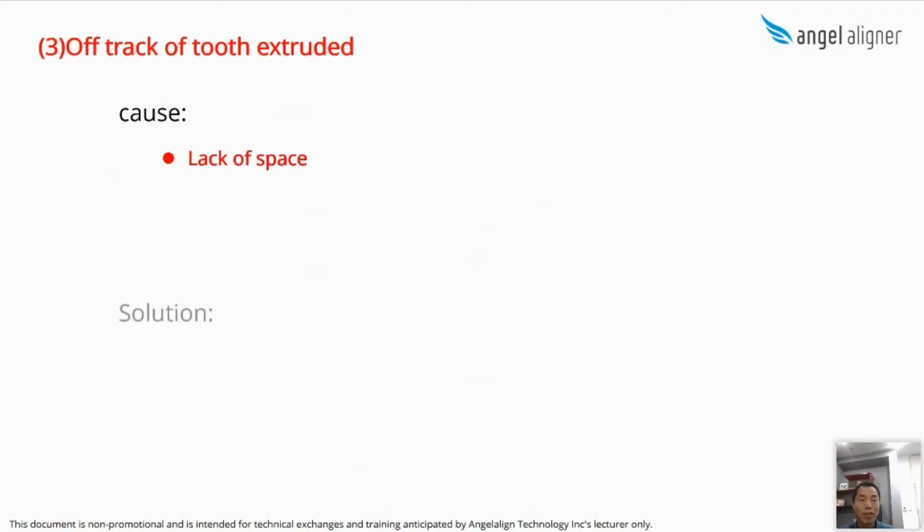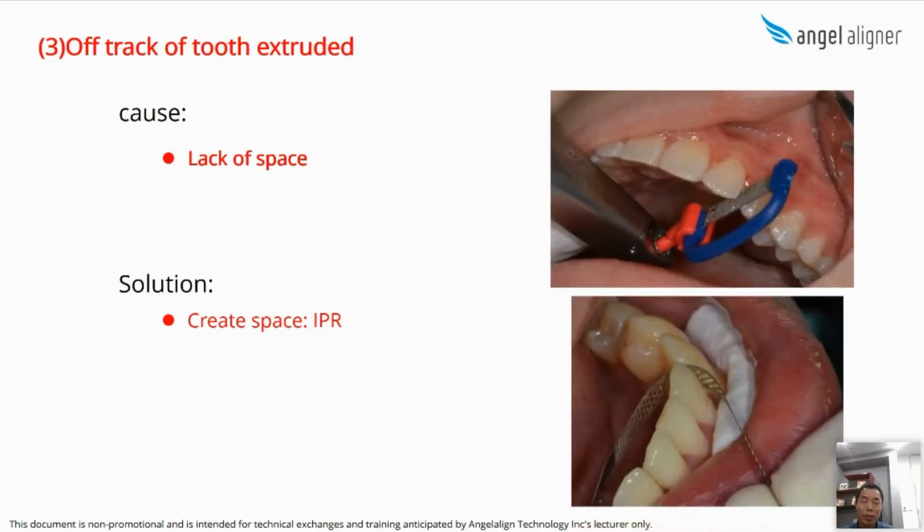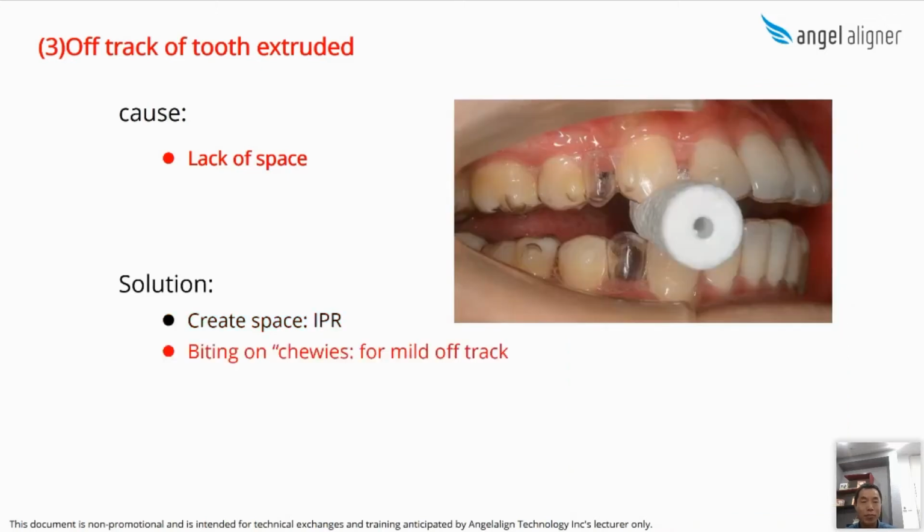For lack of space, for the solution, we have to create space. We can do IPR, use sandpaper or rotor IPR tools to create space for the movement of the teeth. And for some cases we can use biting chewies.